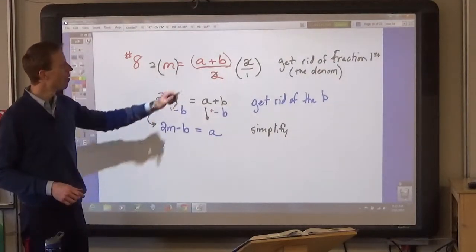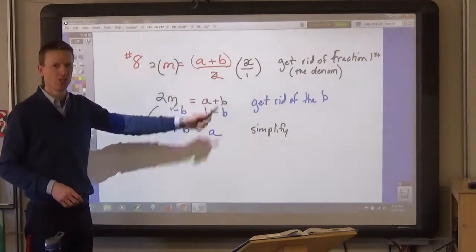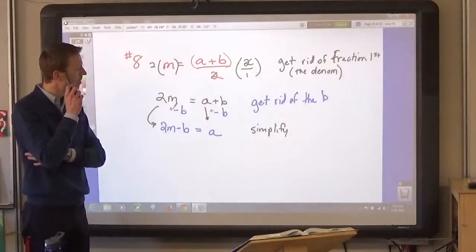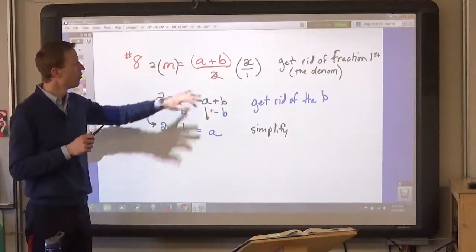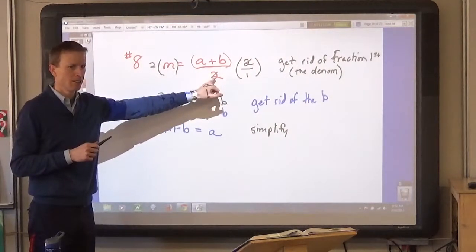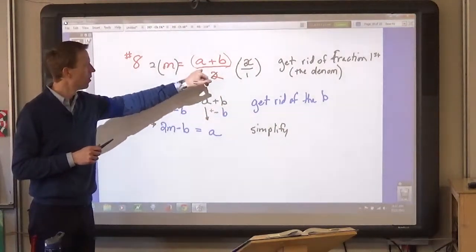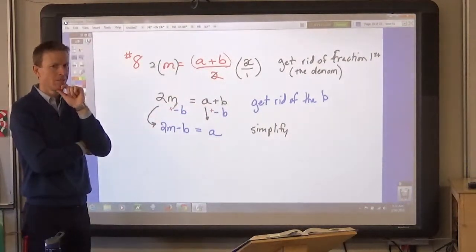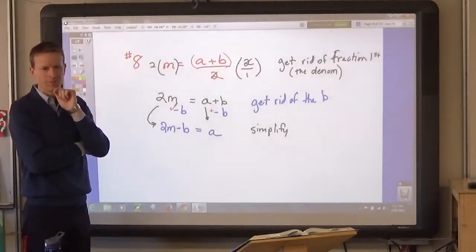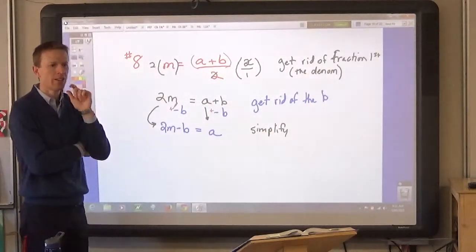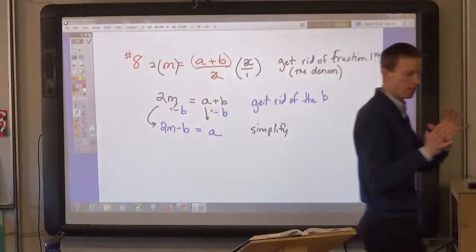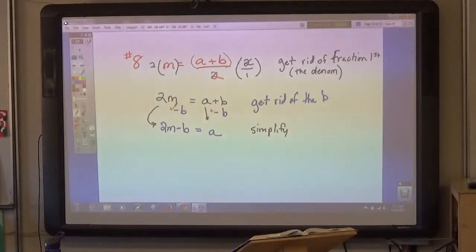The hard thing is remembering to get rid of the fraction first. You look at that and think, how do you get rid of this? Or how do you get rid of the b? So to get rid of the fraction first, that's what you have to do. When you have a fraction there, you can get rid of that fraction first, okay?